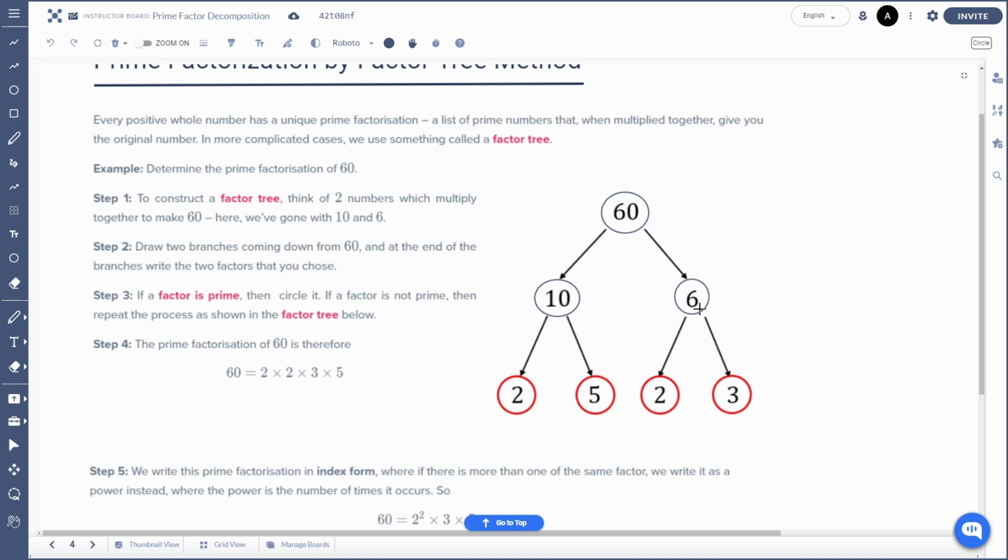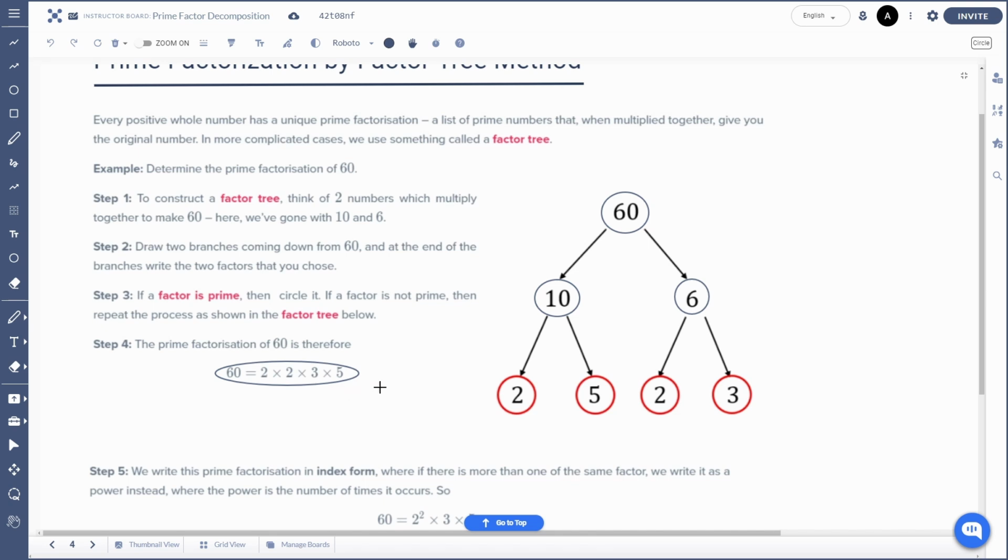So after breaking 6 as 2 and 3, we have got another pair of prime numbers. Basically, we are done now. We have got 2, 5, 2, and 3. It's a good habit to write the numbers in ascending order. So we have two 2s, one 3, and one 5. This is how we can represent 60 as a product of 2 times 2 times 3 times 5.